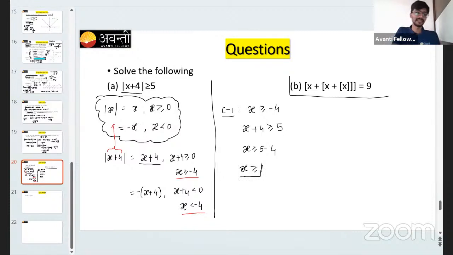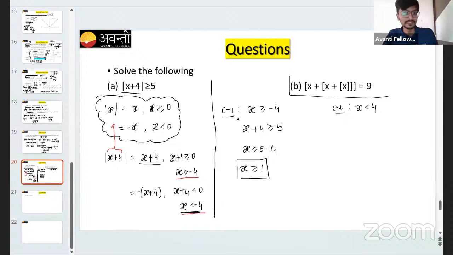ये तो मेरा आंसर आया from where? From case 1. Now we all know what is case 2. Case 2 is x is less than minus 4. Now see, अगर x less than minus 4 है तो mod of x plus 4 का वैल्यू क्या है? Minus times x plus 4.